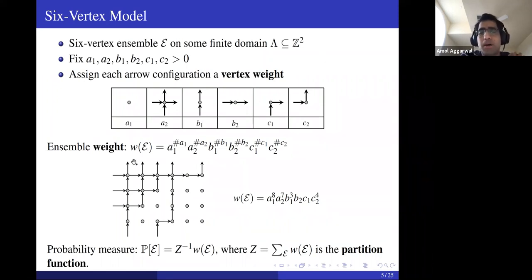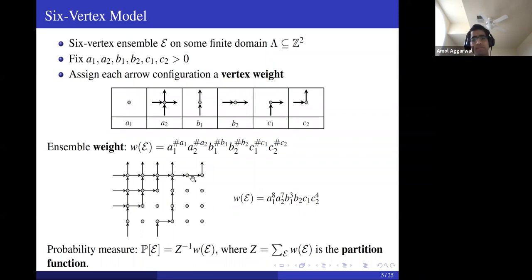And the weight of an ensemble is simply the product of the weights of its vertices, namely, A1 to the number of A1 vertices times A2 to the number of A2 vertices, etc. So here in this 6 vertex ensemble, you can quickly see what the weight is. For example, it has 8 empty vertices, which are here, here, and these 6 over here.